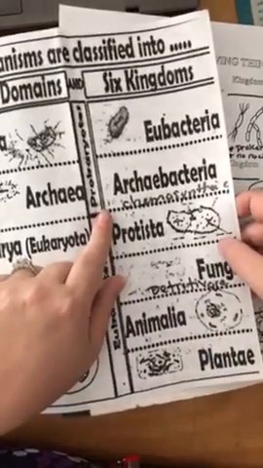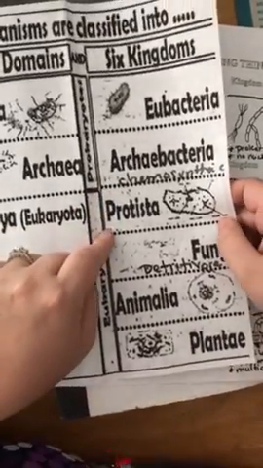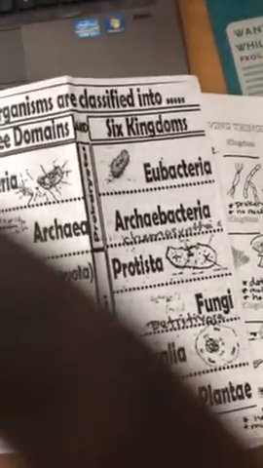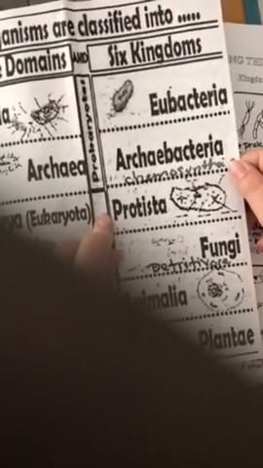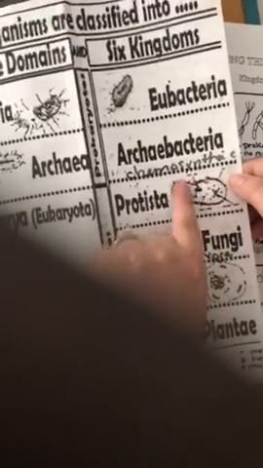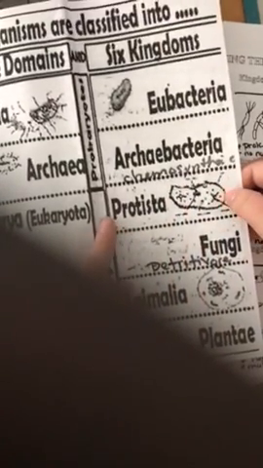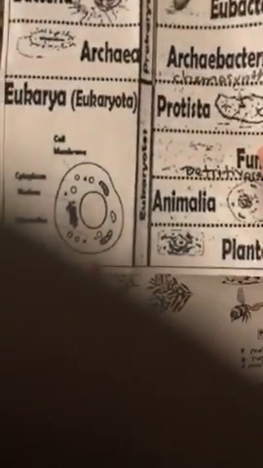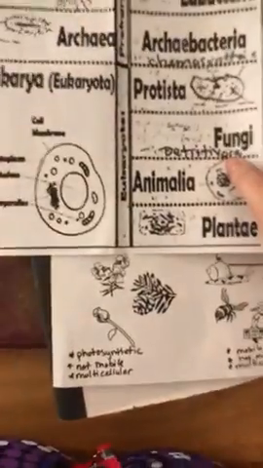Okay, the next kingdom I'm going to talk about are protists. Protists are not bacteria, even though they're unicellular organisms. This is one cell, this is the whole organism. Even though they're single-celled organisms, they have a nucleus.